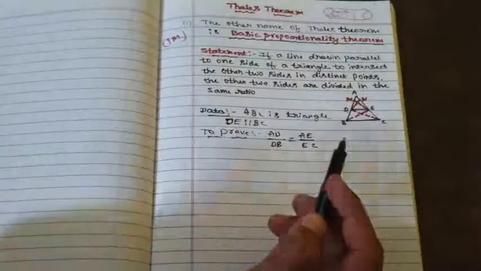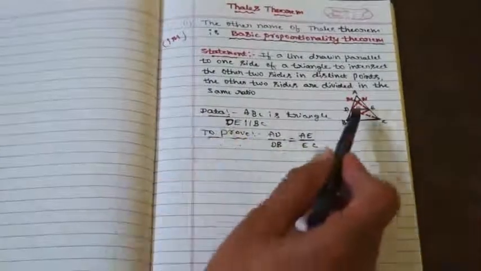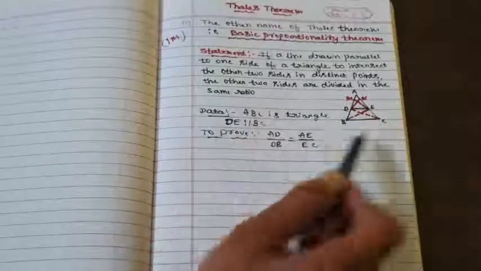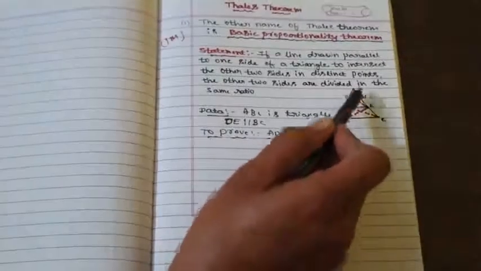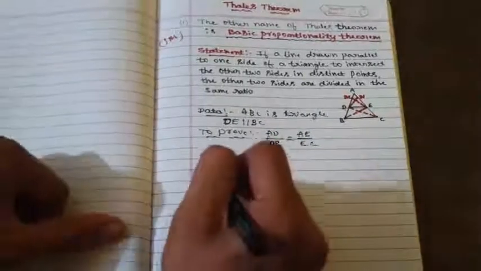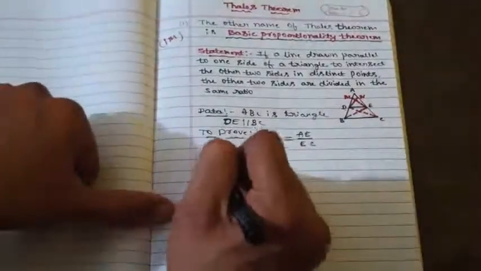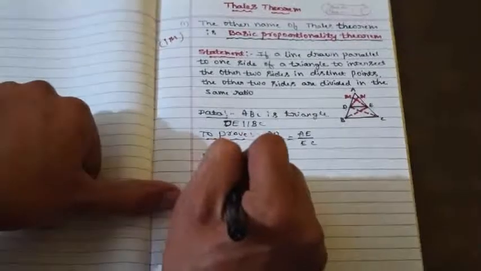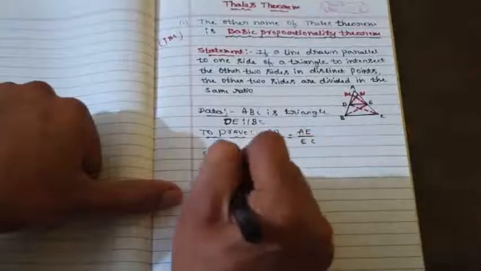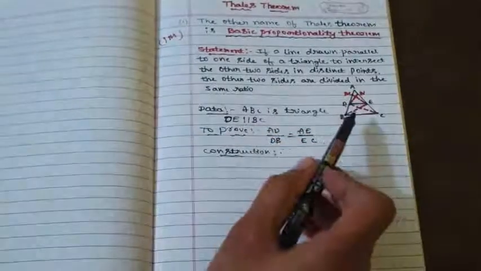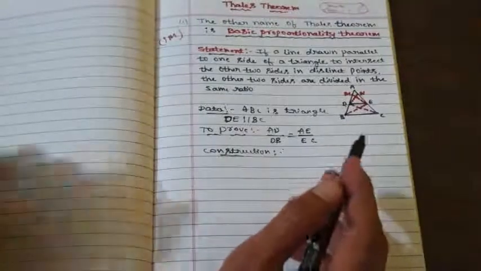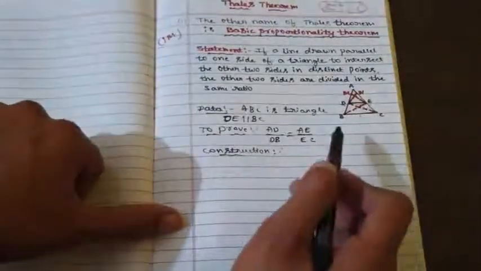So we have learned two steps. One is the data: ABC is a triangle, DE is parallel to BC. Next, to prove: AD divided by DB equals AE divided by EC. Now the construction. You need to construct something. Children, I have already constructed something, so I will write it here.